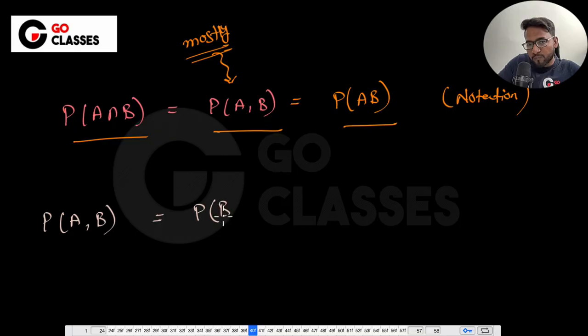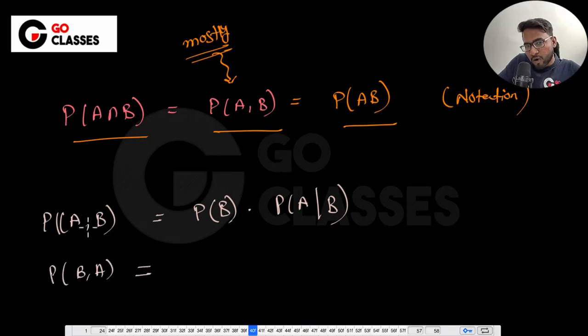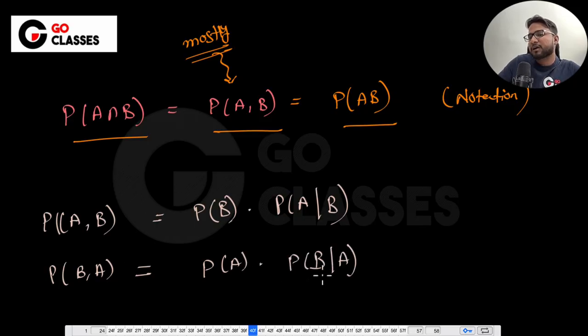So just write probability of B into now probability of A. But B is already happening, which means probability of B into probability of A given B. Similarly, you can start from the other side, but just for consistency we will always be starting from the right hand. So either you write A comma B or you write B comma A. First of all, both are the same because both are A intersection B only. Now start from the right hand always. It will be probability of A into probability of B, but since A has already happened, you can remember that as given A.